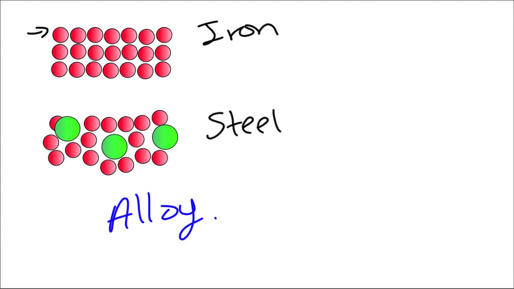So an alloy is a metal which has had extra elements added to it. Now this also happens in terms of gold. Pure gold is really soft, so you can't actually use it in jewellery.